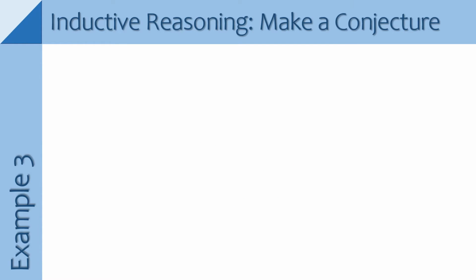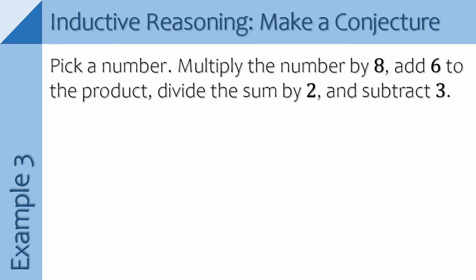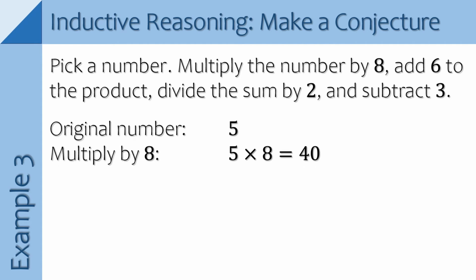Next, let us use inductive reasoning for making a conjecture. Let us use this procedure: pick a number, multiply the number by 8, add 6 to the product, divide the sum by 2, and subtract 3. For example, our original number is 5. According to the procedure, we multiply 5 by 8, so 5 times 8 is equal to 40.